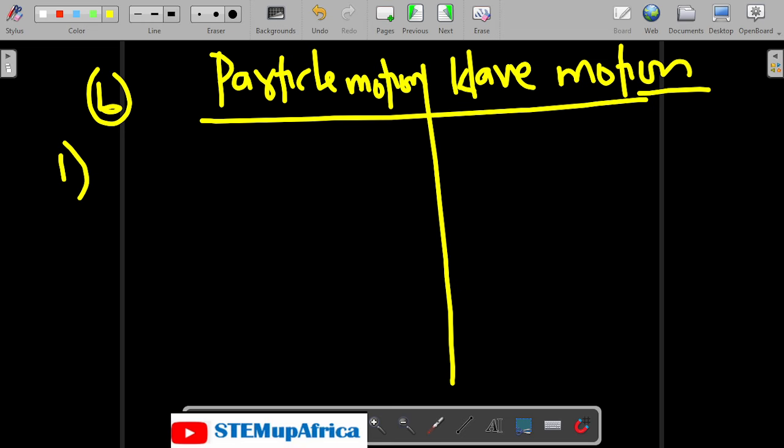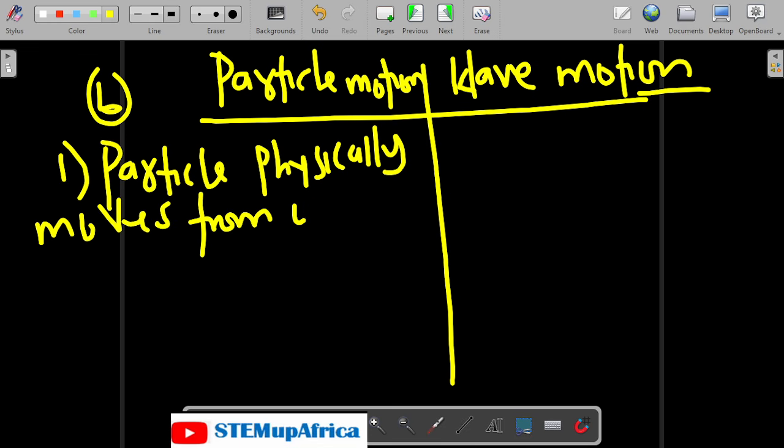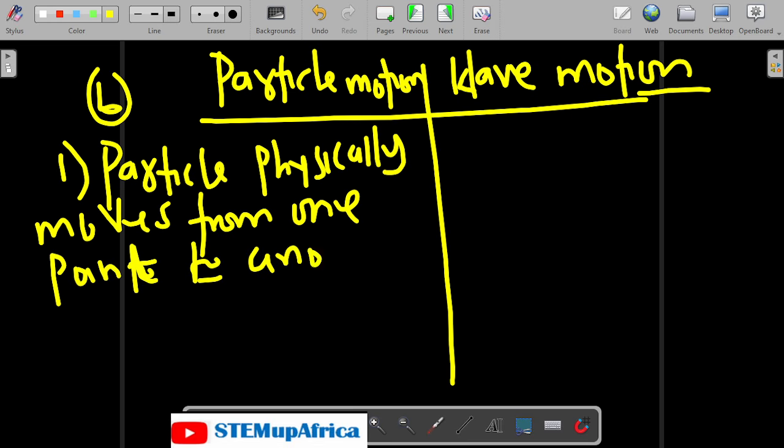So the first difference could be: particle physically moves from one location to another. Particle could be anything. It can be your ball. Particle physically moves from one point to another.